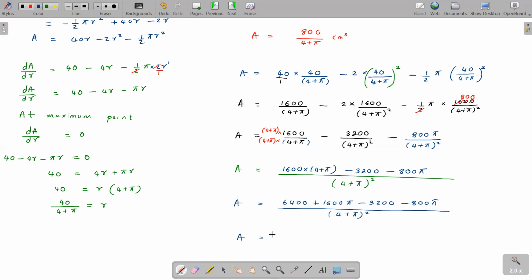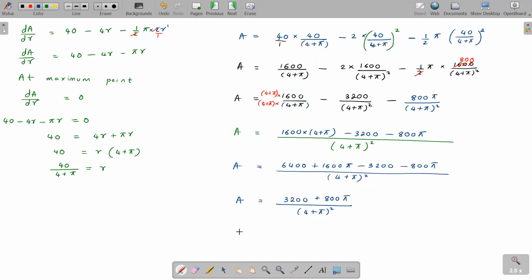So 6400 minus 3200 is 3200, and 1600 pi minus 800 pi is plus 800 pi, over 4 plus pi square.